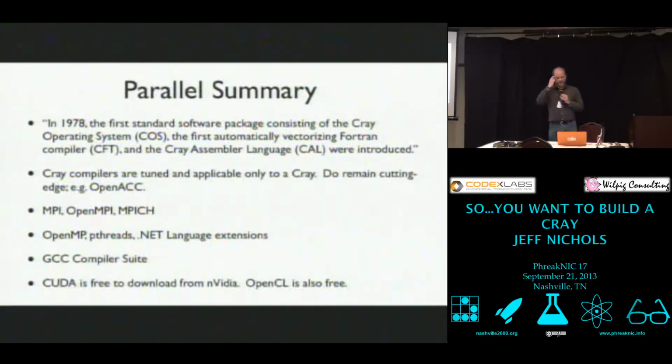The first automatically vectorizing Fortran compiler was delivered in the Cray assembly language. And Cray's had a long heritage in the compiler technology. They're still tuned to their machines. They still do a lot of development in compilers, but they are tuned and applicable only to a Cray.